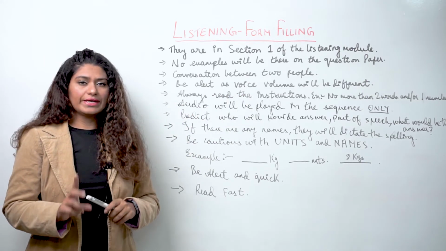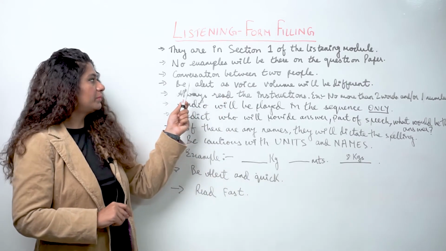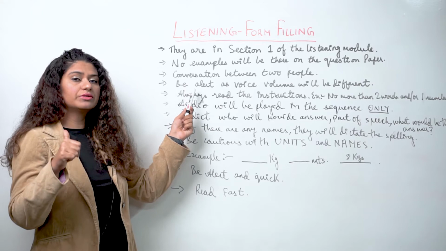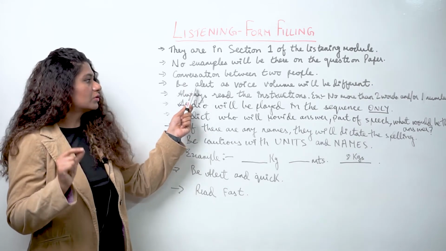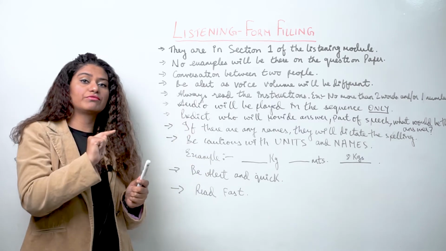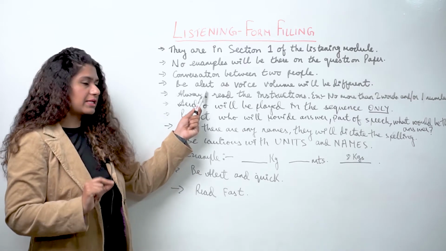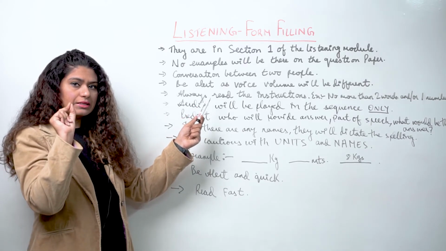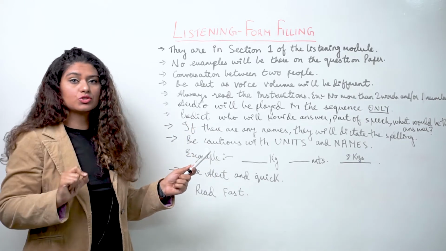When I say a conversation between two people, one would be the receiver and one would be the person who's making a call. So the voice would be different from the receiver's end and different for the person who has made the call. That means there would be a little difference in the voice and you need to be more alert when you are listening to that audio clip.